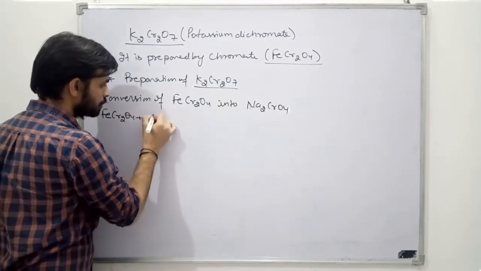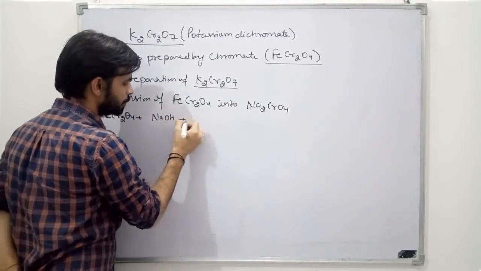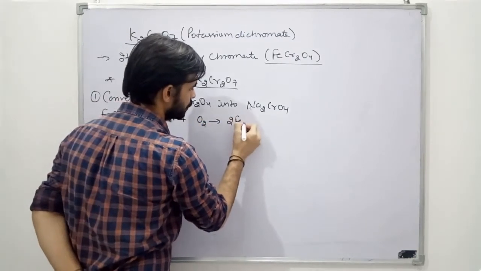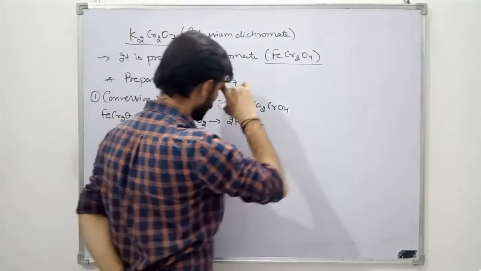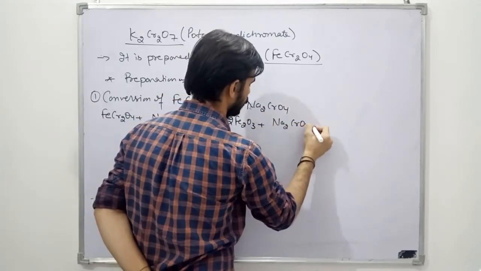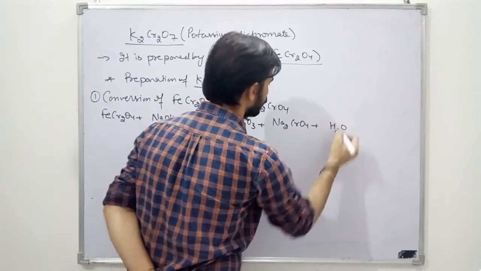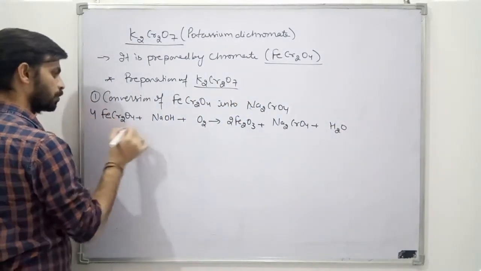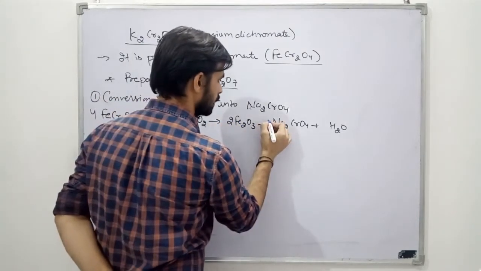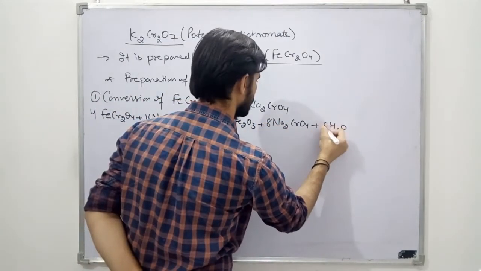FeCr2O4 treated with sodium hydroxide in the presence of oxygen will convert into Fe2O3 and sodium chromate, that is Na2CrO4, plus H2O. We have to balance it, so we use these numbers. Here 8 and here 8.